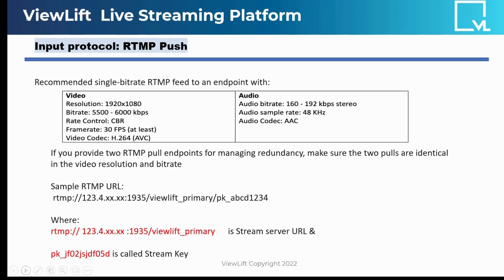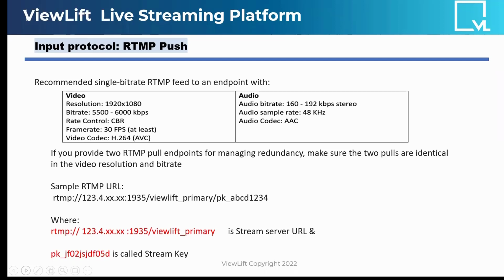If network bandwidth is lower, they can set it a bit lower, but we recommend 5.5 to 6 Mbps, and the rate control would be CBR, constant bitrate. The frame rate could be 30 fps, or higher, also 60 fps.